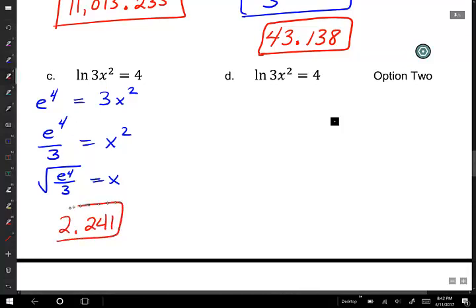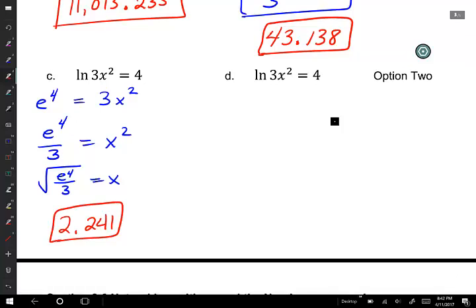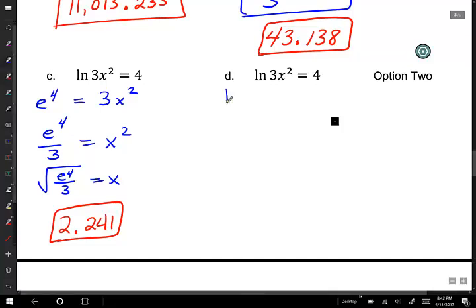Now, in working this out last night, I also realized some people might want to first try to expand this to isolate the x more, and I wanted to see if that was also a possibility. So we can realize this is really equal to the natural log of 3 plus 2 times the natural log of x equals 4.